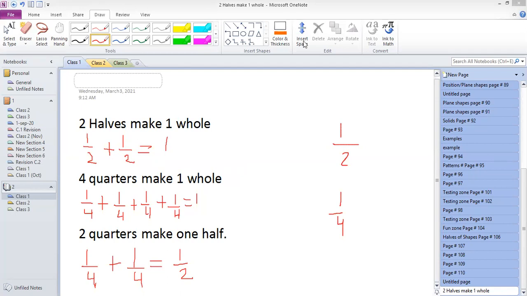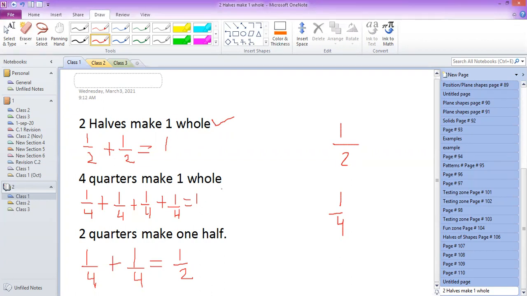And what about four quarters? Four quarters make one. Look here, two halves make one whole. When you eat two pieces of the pizza out of two pieces, that's when you are eating the full pizza.